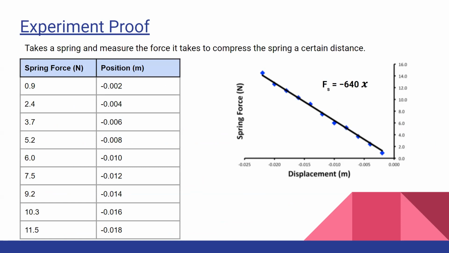Why is it negative? You can think about it like this. Imagine you have a spring that's lying horizontally, right? And you define right as positive, and so you stretch the spring to the right. So the displacement is positive.